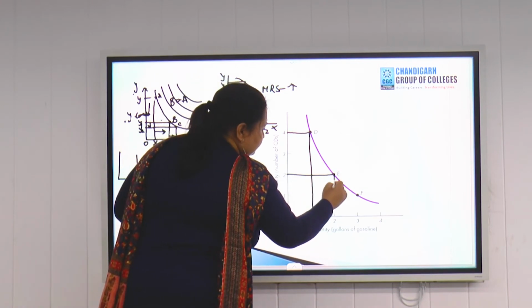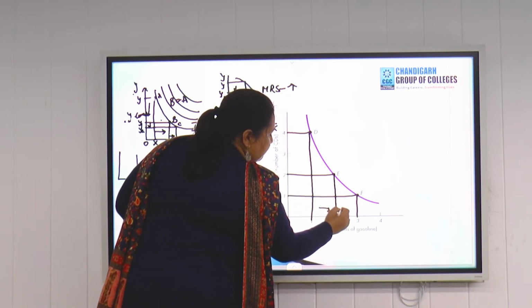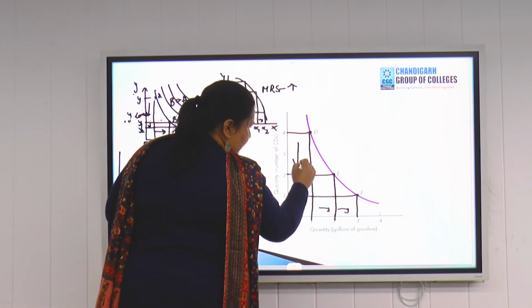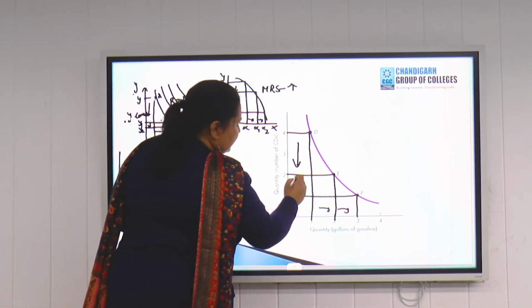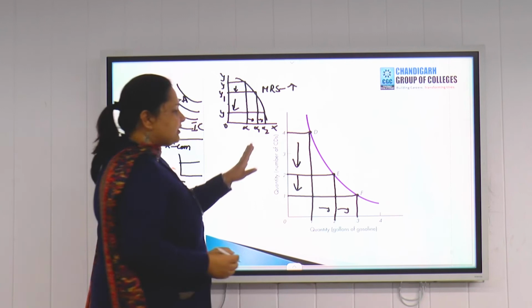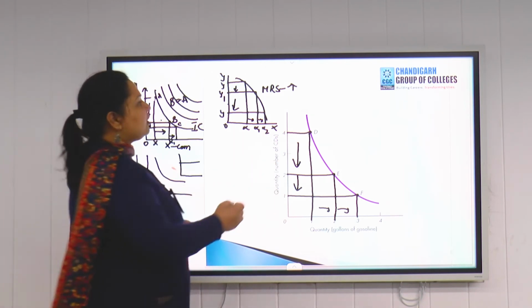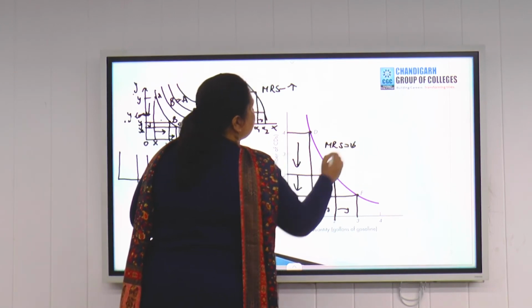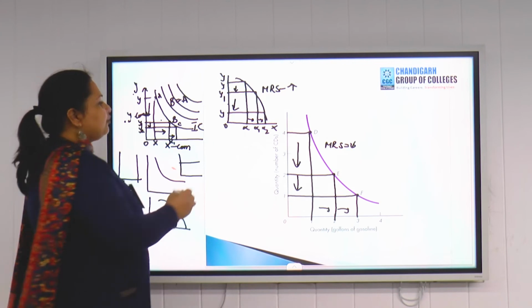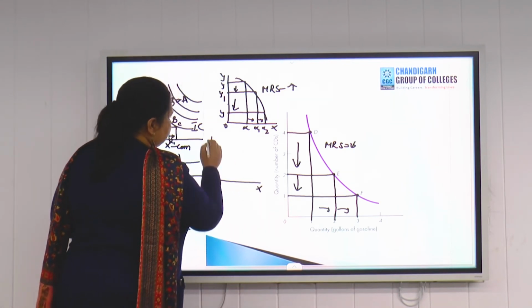See this. For the same amount, the previous sacrifice was more in the previous combination, and in the next combination sacrifice has decreased. So this is the right shape because here marginal rate of substitution is decreasing. Now if I am drawing a straight line, what's the problem in a straight line?